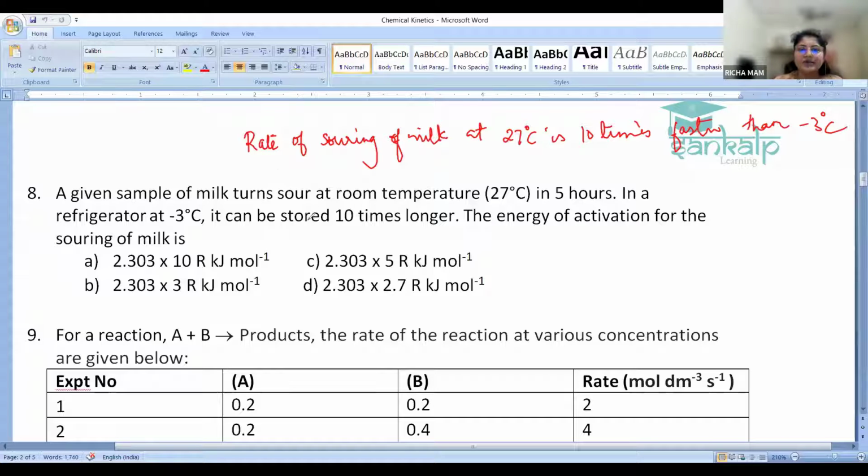At room temperature the milk will get sour in 5 hours, but in the refrigerator it is 10 times slower. They have asked for the energy of activation, so we will find it. The rate at room temperature means 273 plus 27, that is 300.